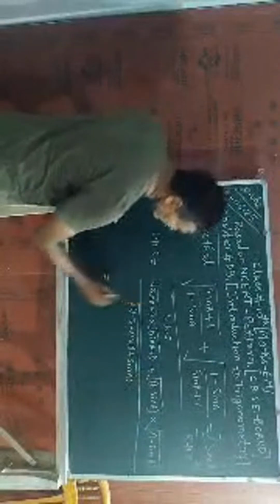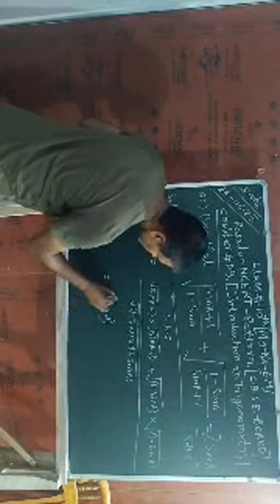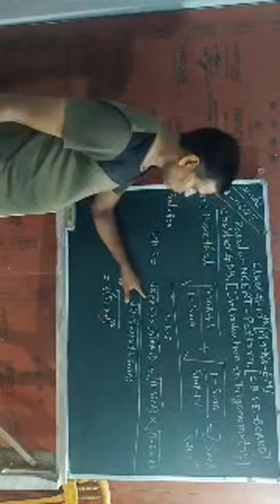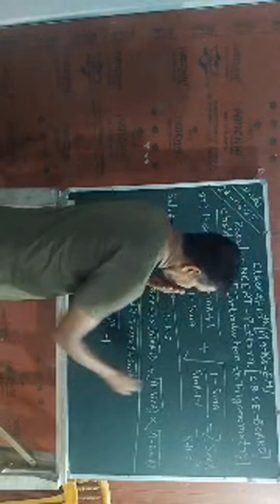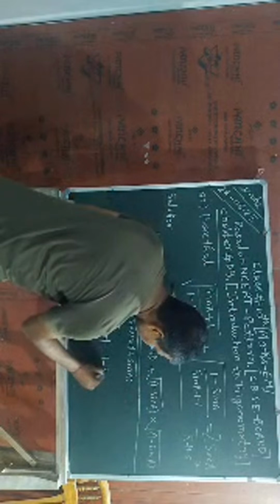So I can write (sin A plus 1) whole square within the square root. Similarly, 1 minus sin A is available, so I will say (1 minus sin A) whole square, divided by, here this is A minus B and this is A plus B.